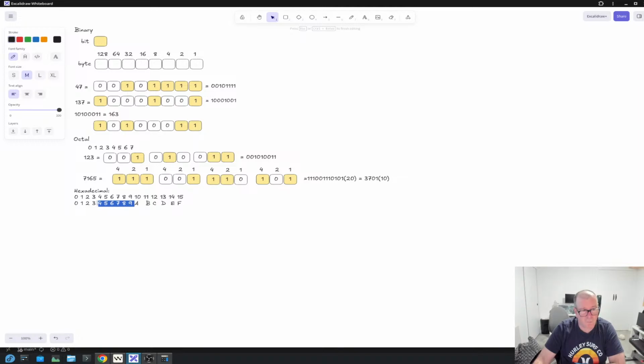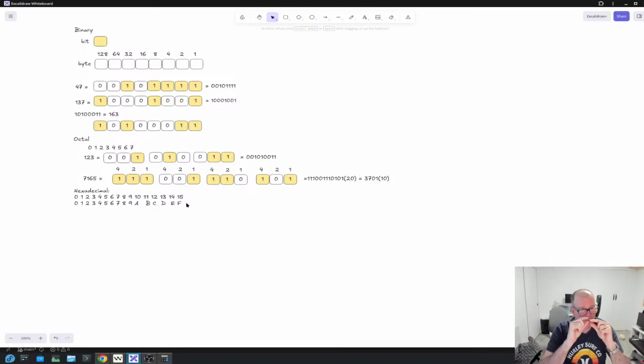The numeric digits are normal, but the 10 will be A, 11 will be B, 12 will be C, and so on, until here. So now it's awesome because with just one digit, not one bit, one digit, we can represent up to 16 different values. So then let's do some exercise.